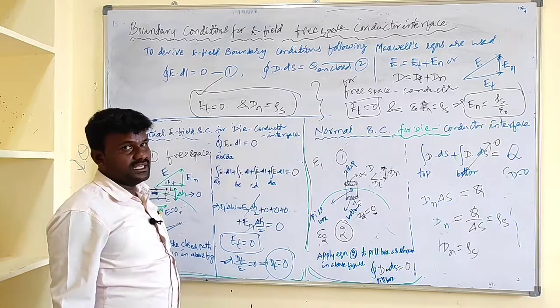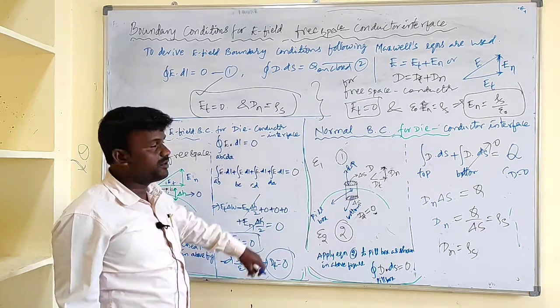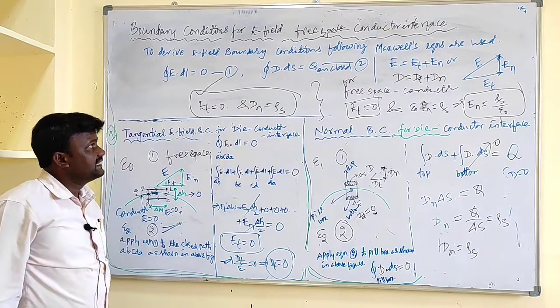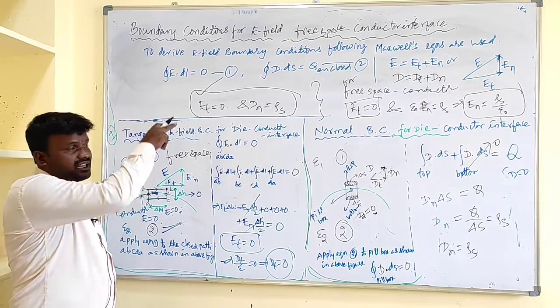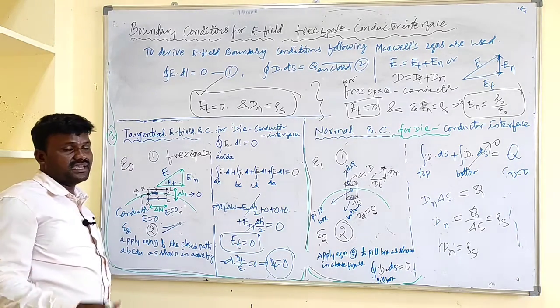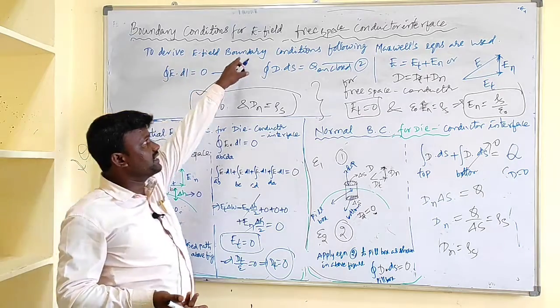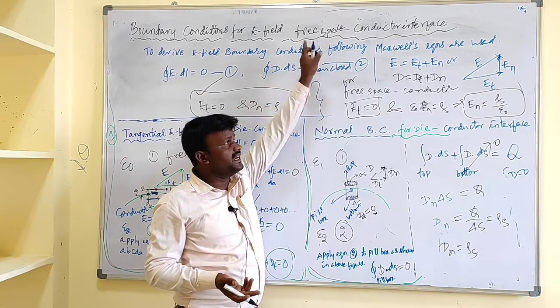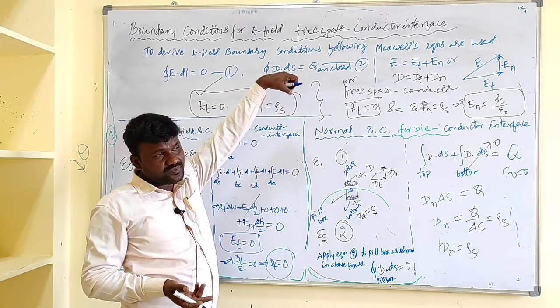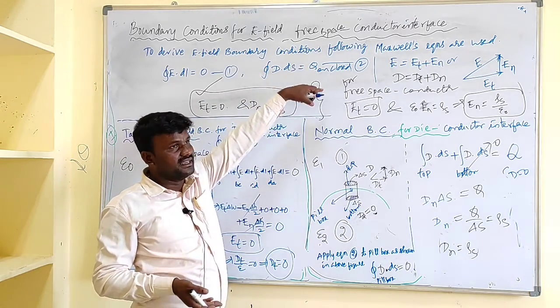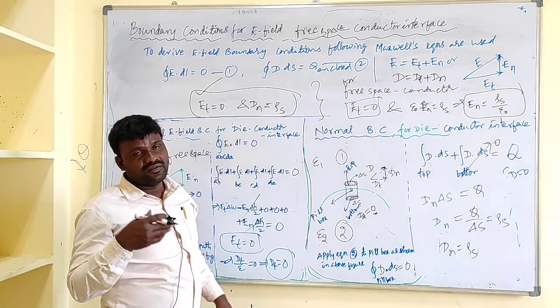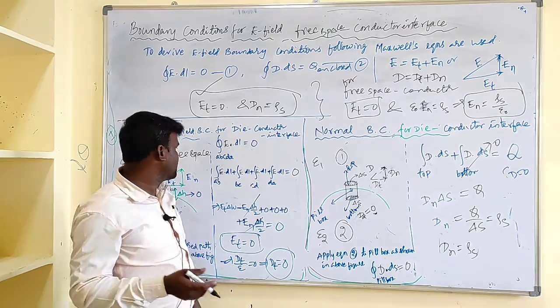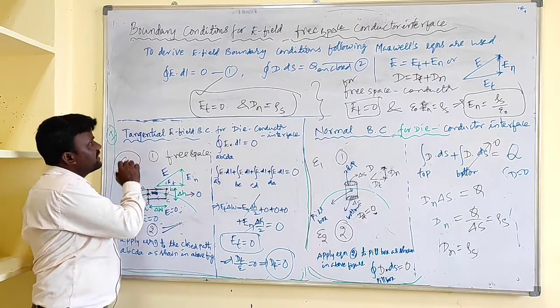If you know the boundary conditions for the electric field at a dielectric conductor interface, indirectly we have those for free space conductor. Free space is an example of a perfect dielectric, so we simply replace epsilon with epsilon naught.